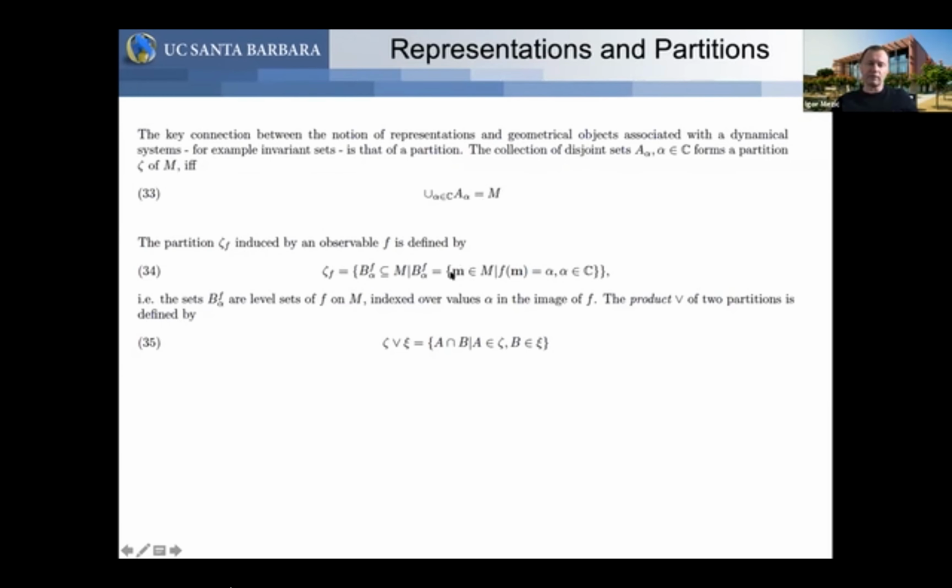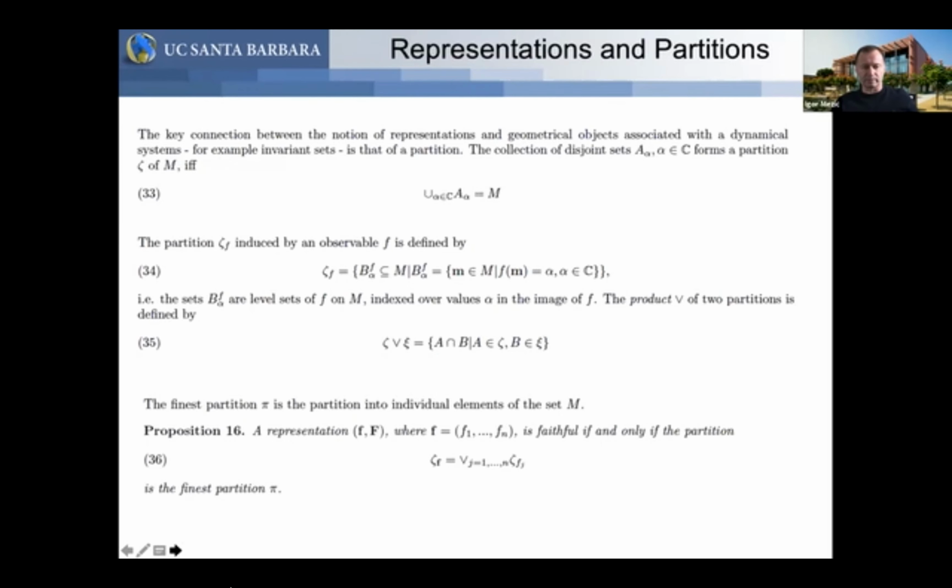So they are sets of all points in the space such that when you apply the observable to them, that gives you an alpha. The product of two partitions is obtained in an obvious manner as the intersection of the sets in each individual partition.